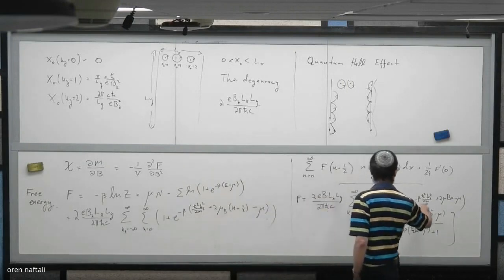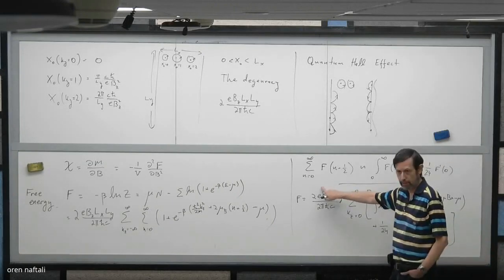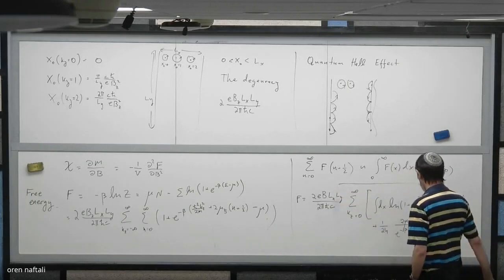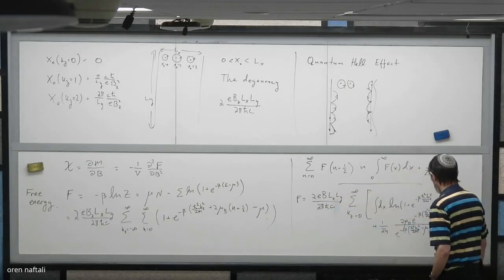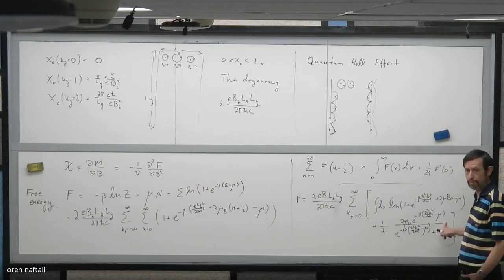Let's look at the integral. We have here a dependence on B, and we have here a dependence on B. Here, do we have a dependence on B?